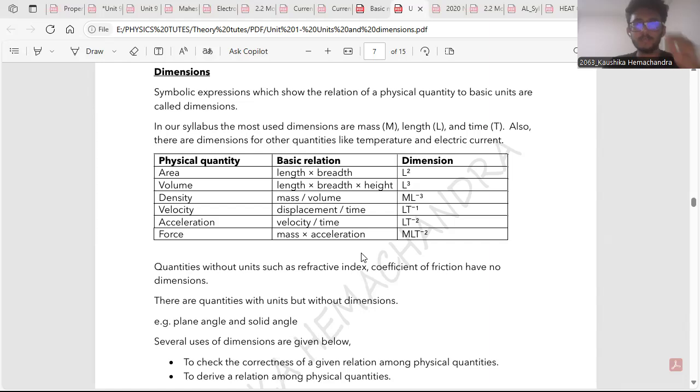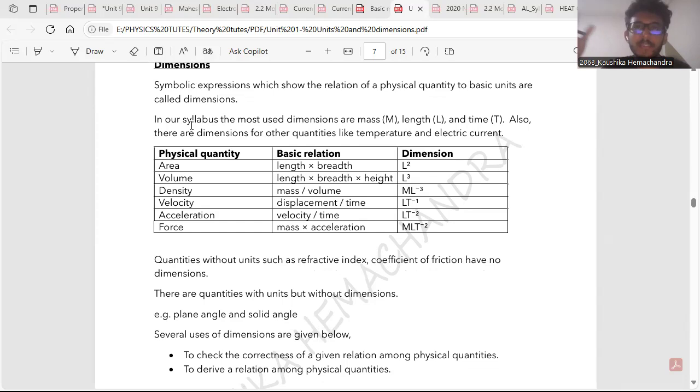Right. We'll start. So dimensions are kind of easier than unit conversions, right? Because there are only three dimensions that are used for your level. We are relating the physical quantity to basic quantities using another expression, right?